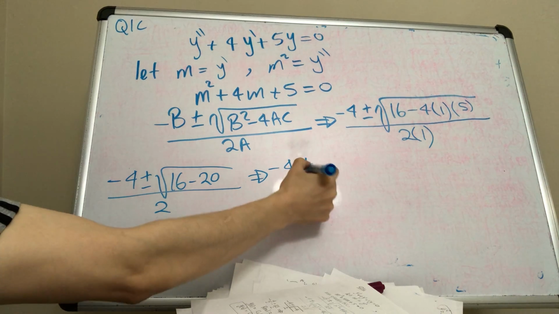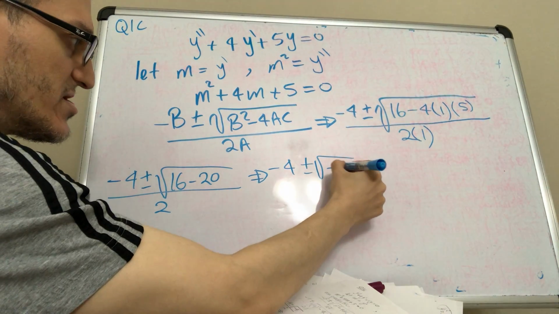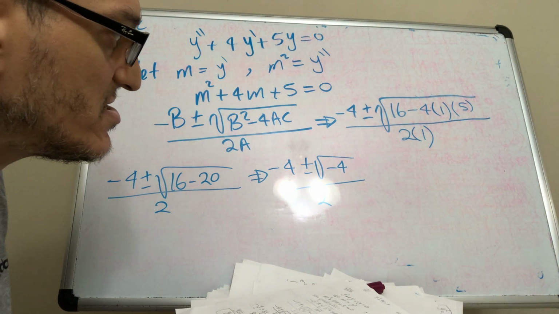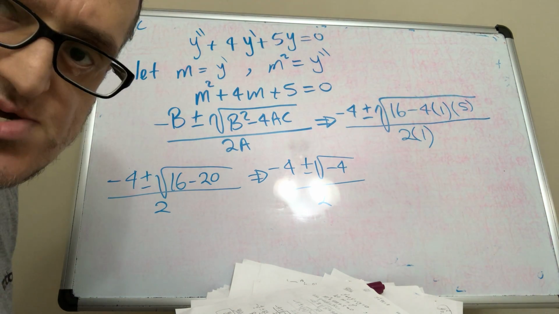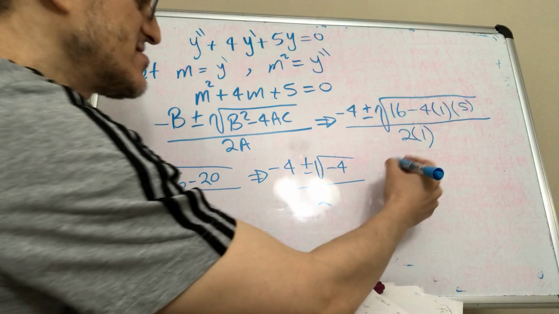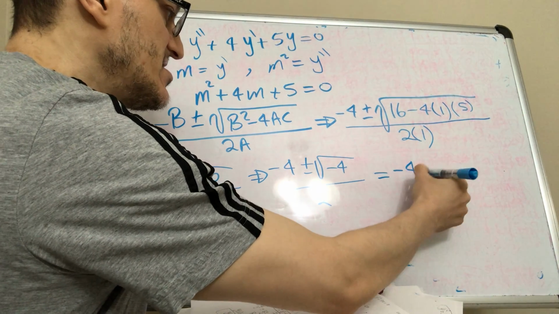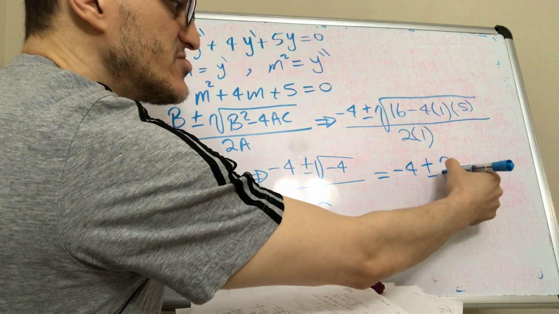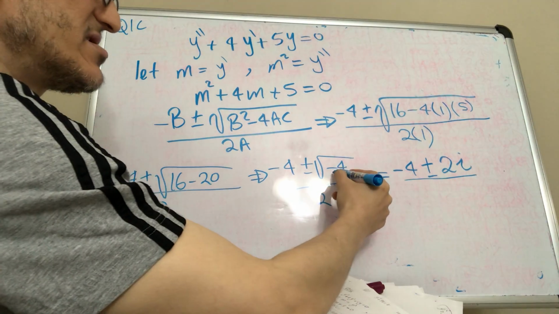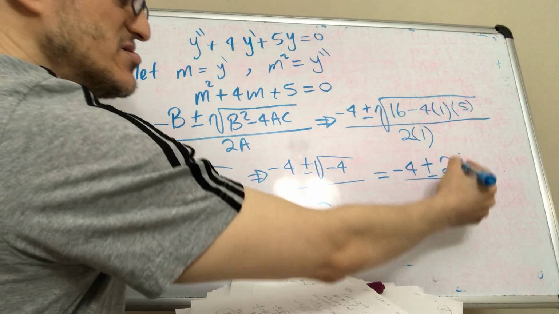Negative 4 plus or minus square root of negative 4, over 2. Now, the square root of 4 is 2, and because of the negative, the square root of negative 4 is 2i.